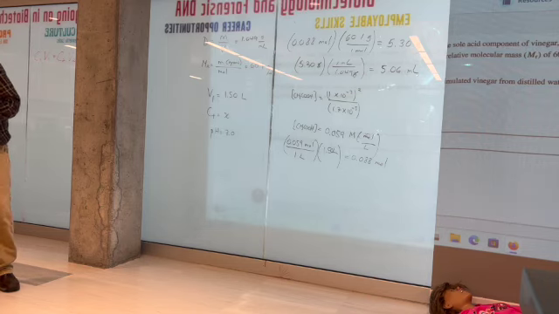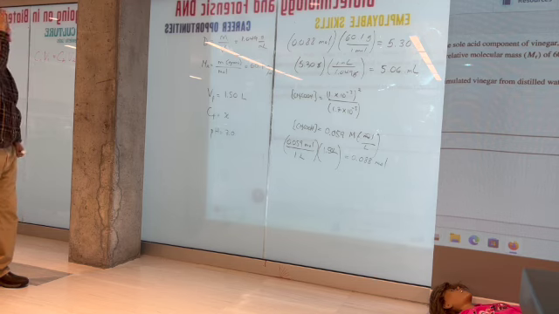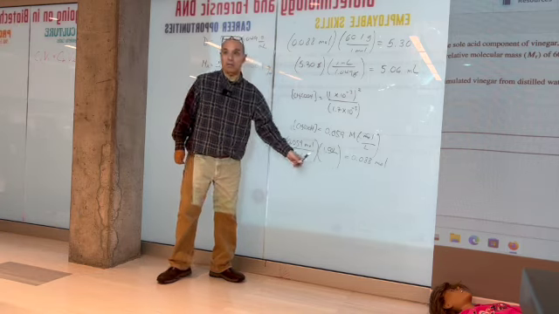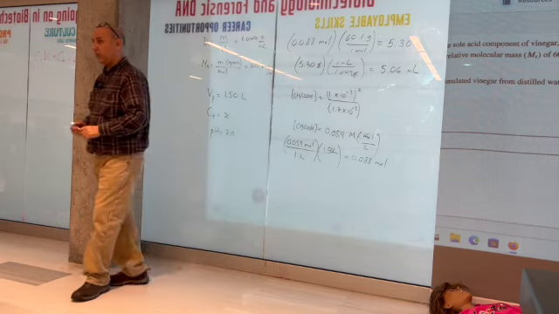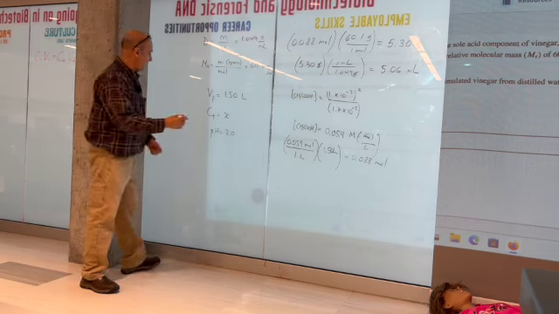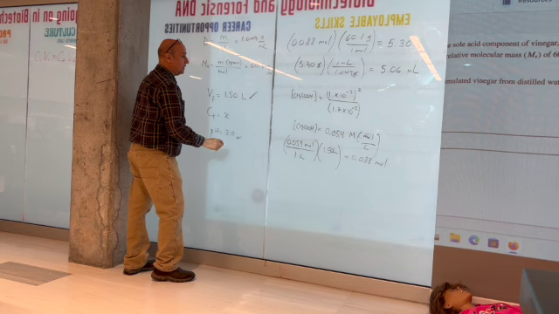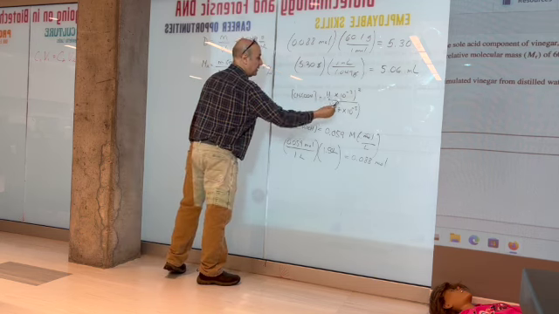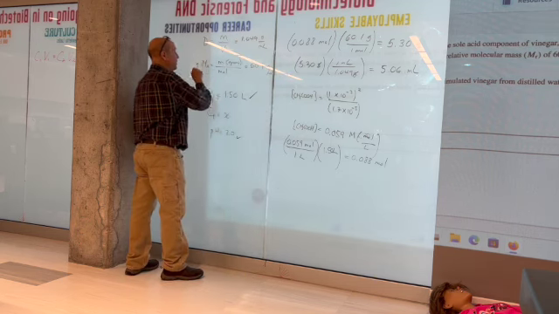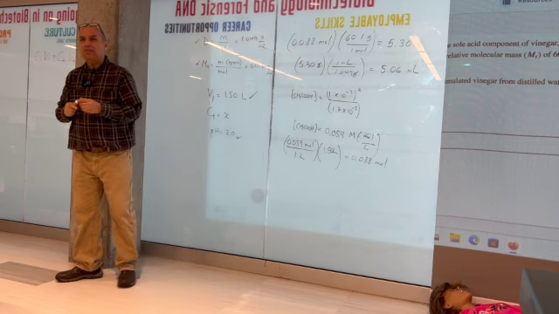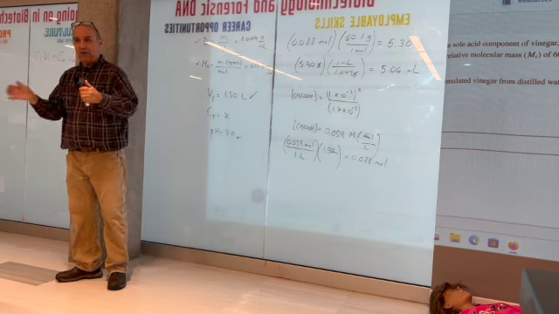Now here is the only, let me see. We used already the total volume to calculate the moles of acetic acid. So we have used everything that we have. We've used that right here. We've used that. We've used that. So this is looking like probably is going to be on the right track of an answer.